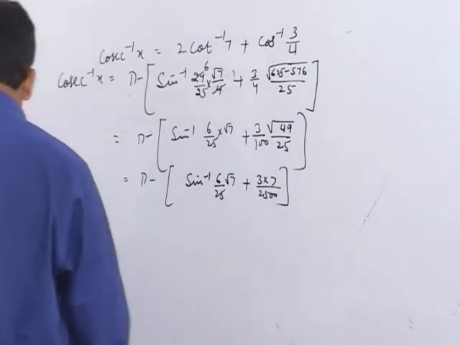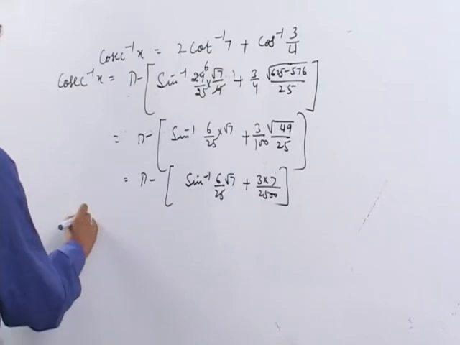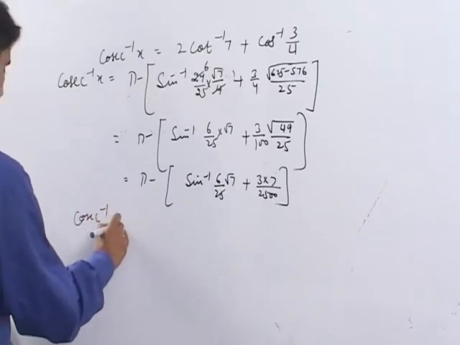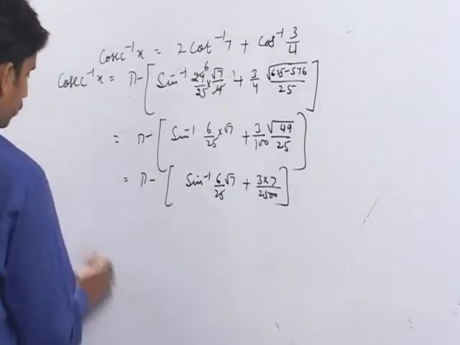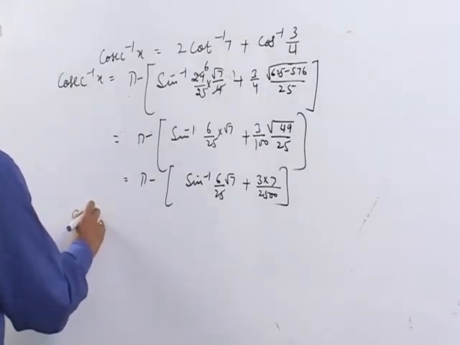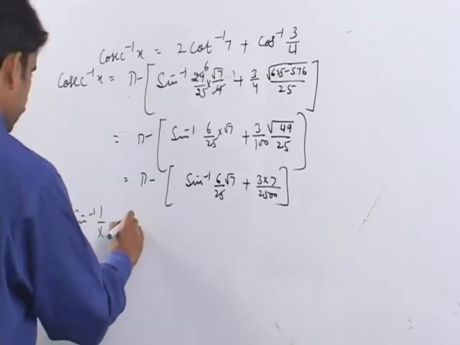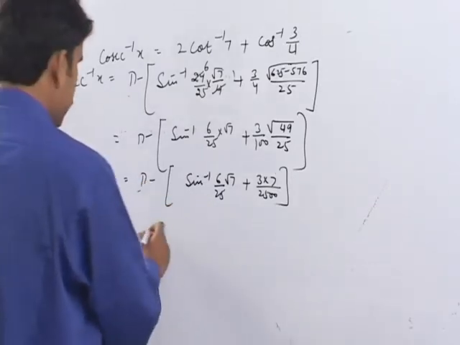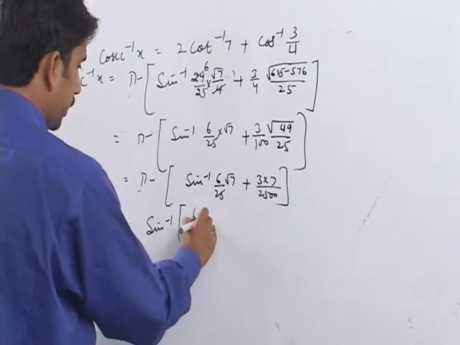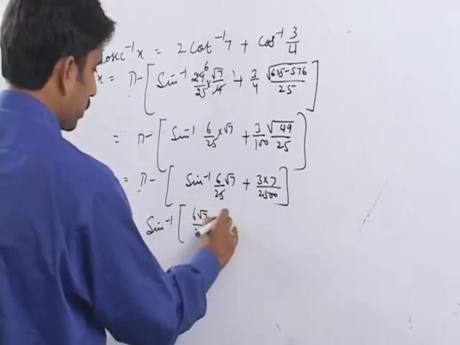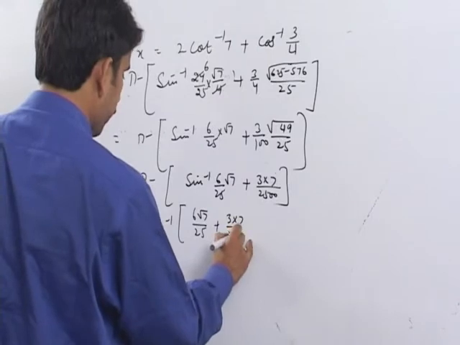And when we solve it, we will get cosecant inverse x. Let us change it into sine inverse. So this will become sine inverse 1 over x is equal to pi minus sine inverse, which is sine inverse only. This is 6 root 7 over 25 plus 3 into 7 over 2500.